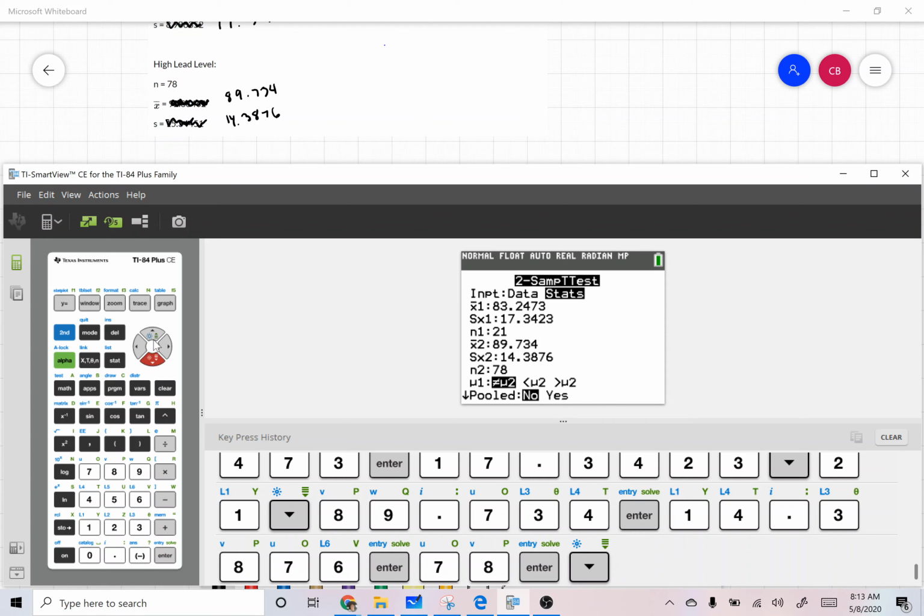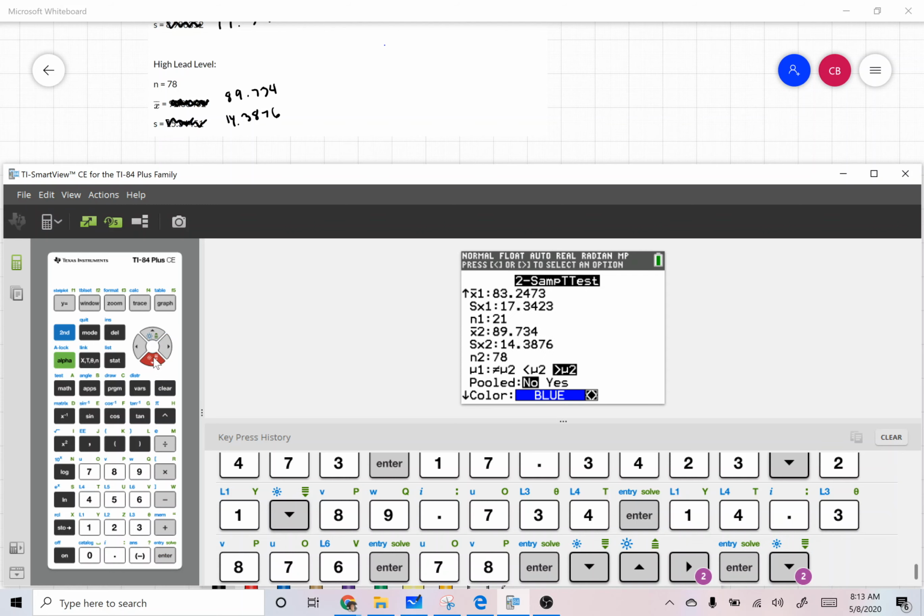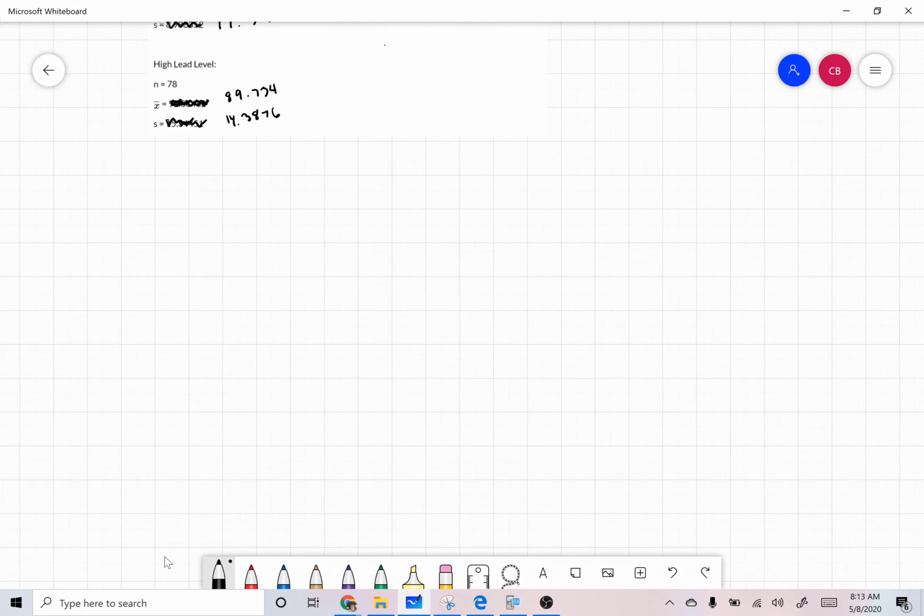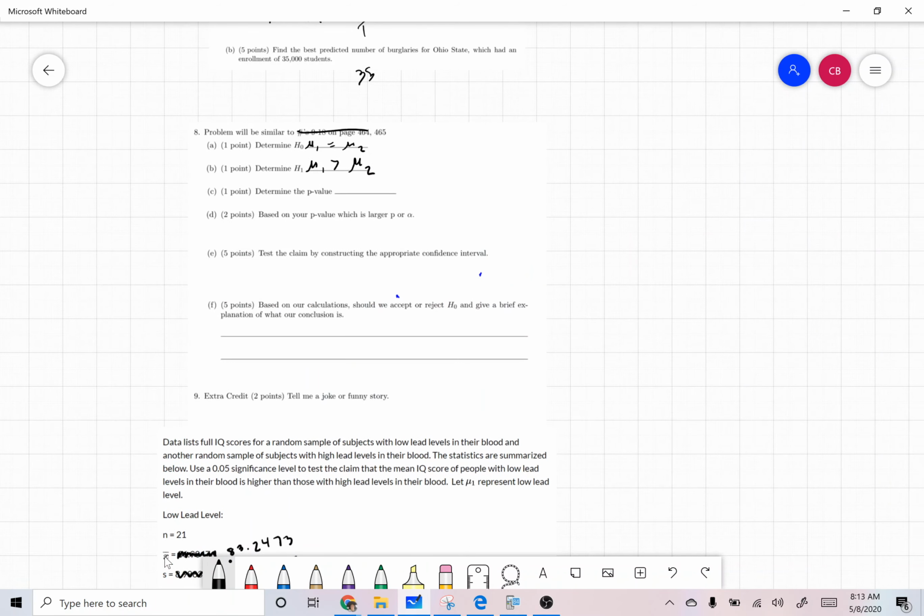We want greater than, so that would be this one. Pooled just means they come from the same pool, and we're going to assume not. So 0.9367. 0.9367 is our p-value.